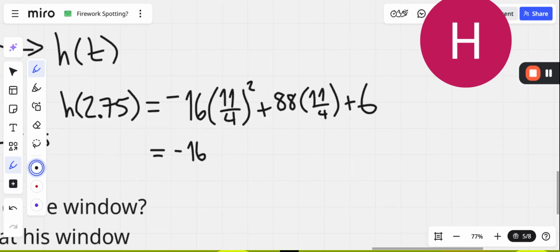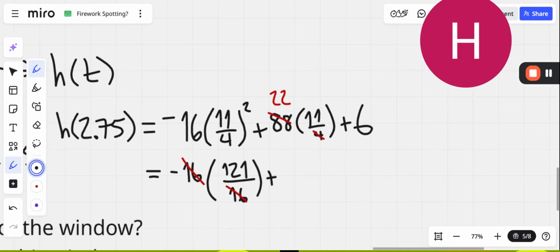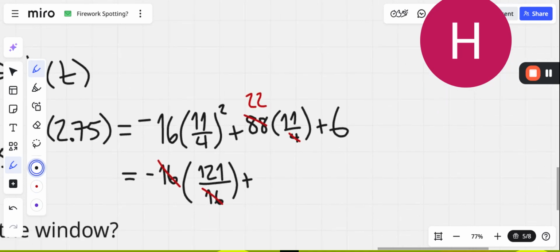So this is negative 16, and this is going to become something pretty nice here. 121 over 16. Hey, look at that. Super nice. Plus, let's reduce this. We can make this 22. Well, 22 times 11, just multiplying by 11 is easy. You just take the 2, you add them together, put it in between.